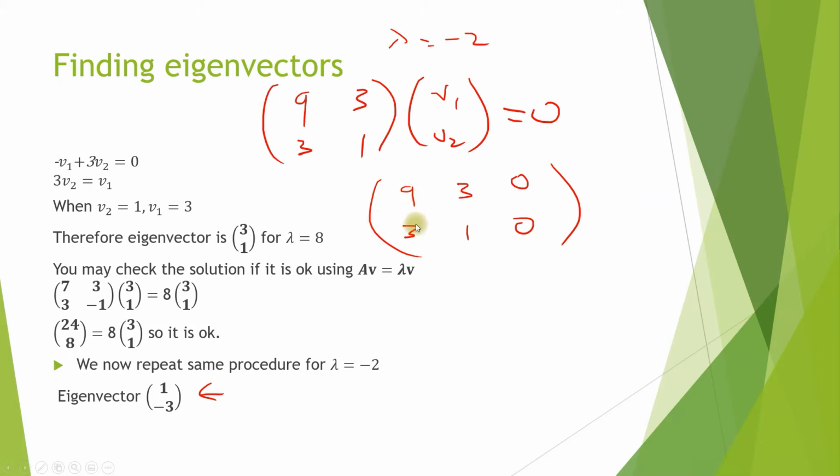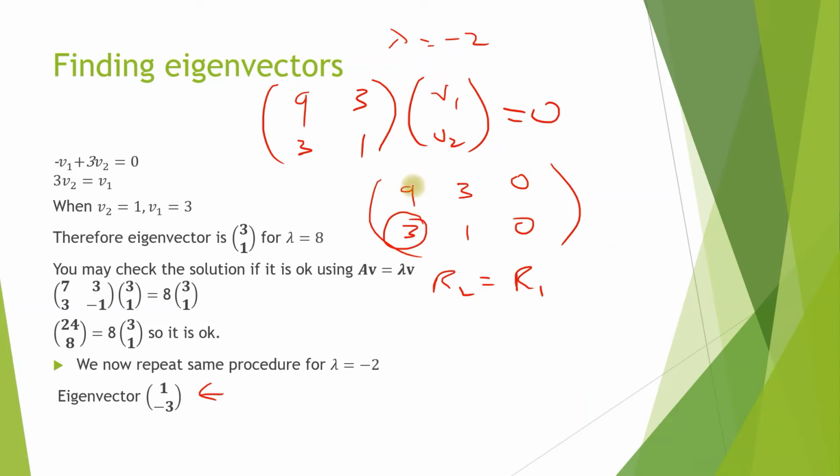Now what we want to do is to row reduce this matrix. What is going to be R2 in such a way that this becomes 0? We can think about it for a moment. You will need to use R1 here, and if you think about it well, the only way to get this to become 0 is that R2 is obtained by taking the first row, which is 9.